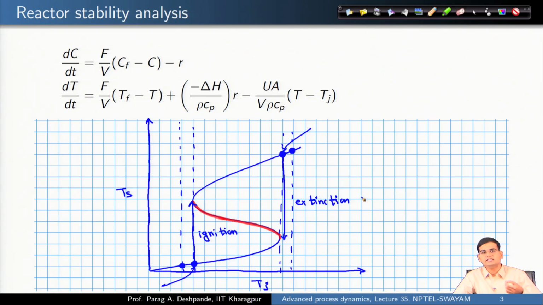And what is the reason behind this observation of non-unique steady states? The key reason behind this is that you have an energy generation curve in your system which is non-linear. Your heat removal curve was linear, your heat generation curve was non-linear.